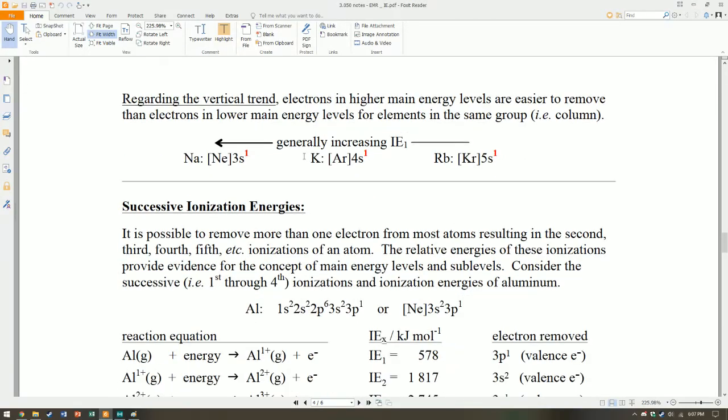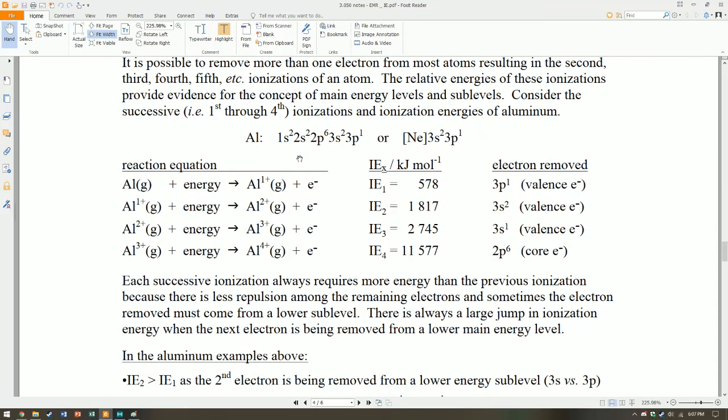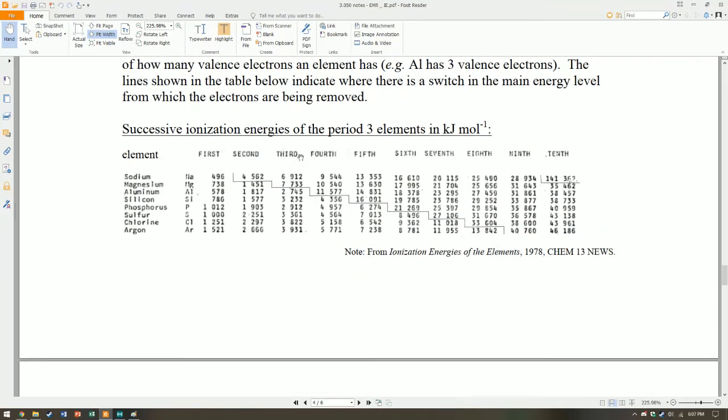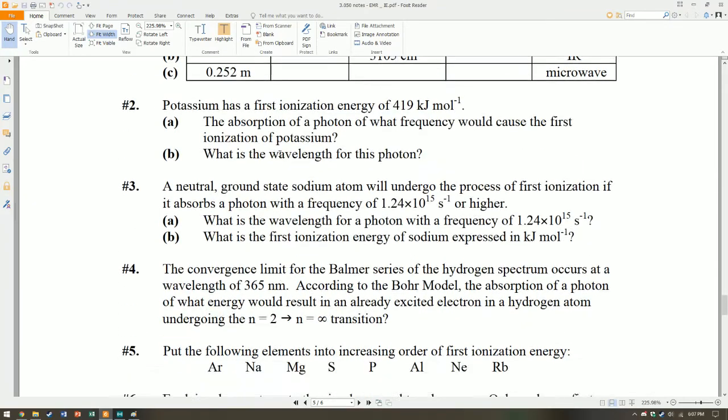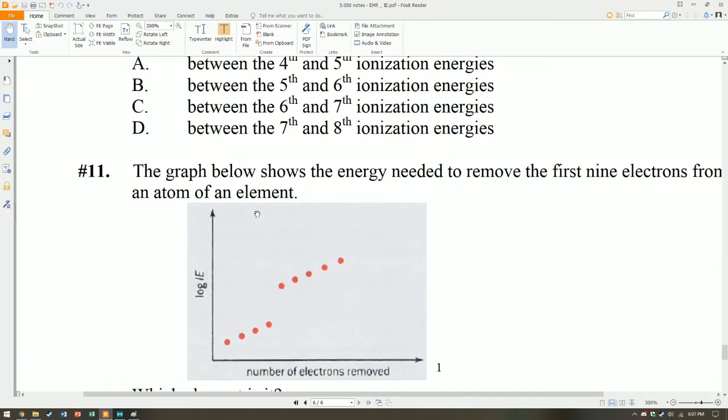Also, what's important to know is that these successive ionization energies prove the structure of the atom. We can actually use jumps to prove energy levels. As we can see here, the log of the ionization energy compared to the number of electrons removed.